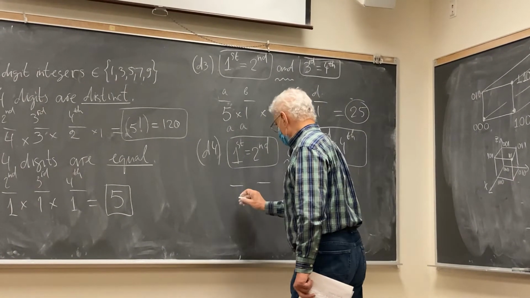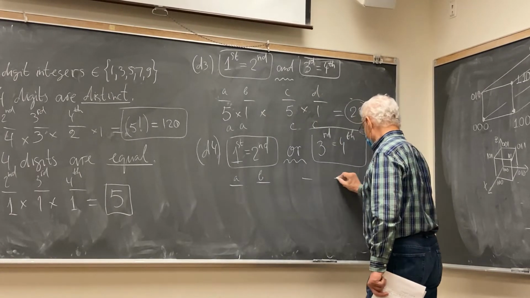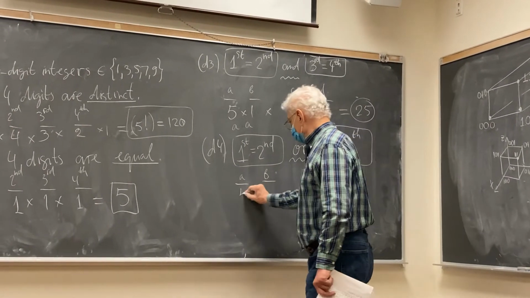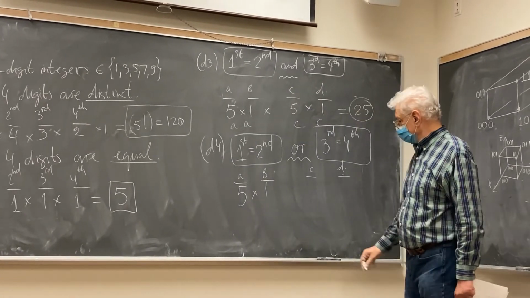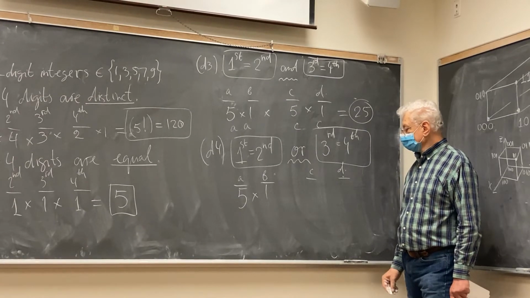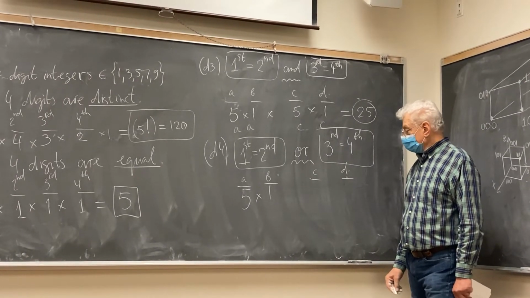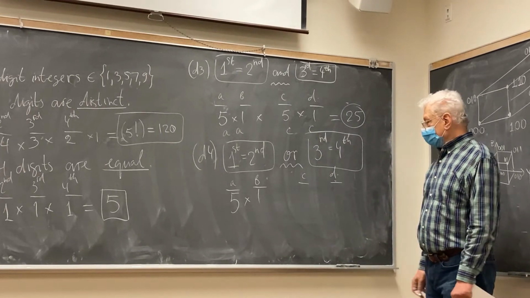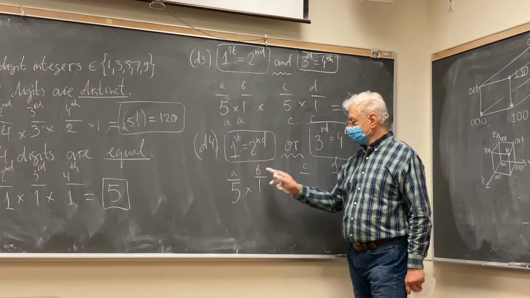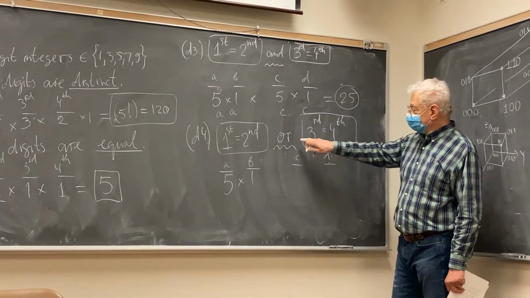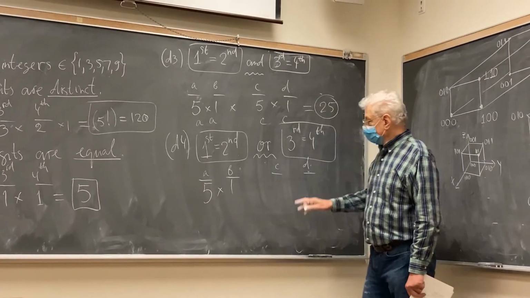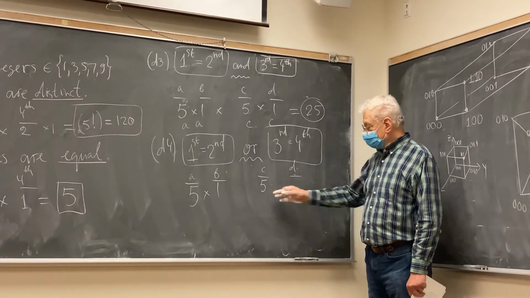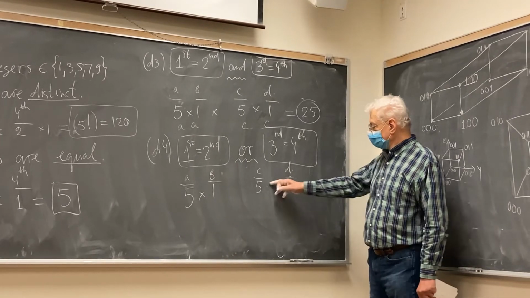So A, B, C, D. First equals second: the same 5 possibilities for A, 1 possibility for B. When I say or, it means either this or that or both. A has 5 possibilities and B equals A. But when I say or, it doesn't mean that for this choice, C and D must be equal. They could be different.